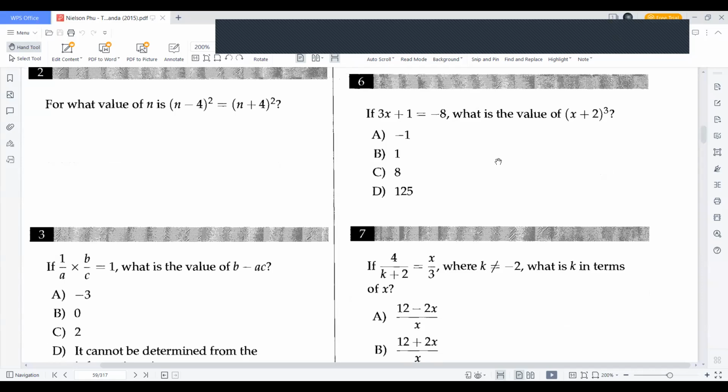If 3x plus 1 is equal to -8, what is the value of x plus 2 cubed? No calculator. Can we do this in our heads? Sir, we can.